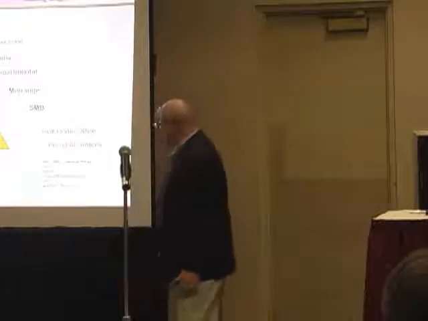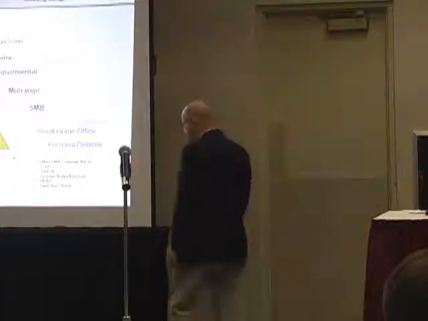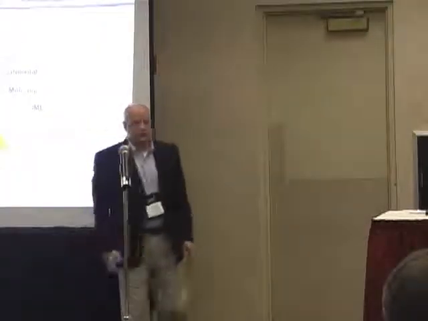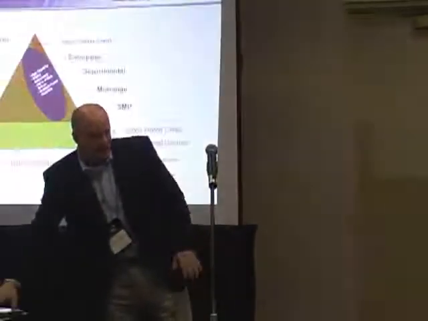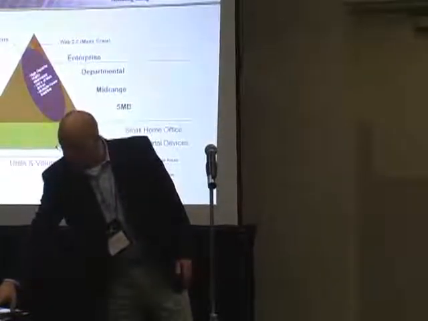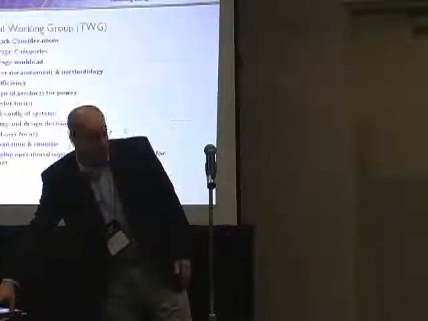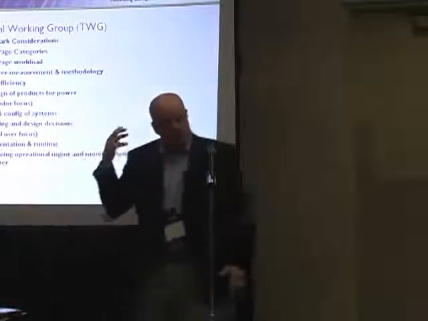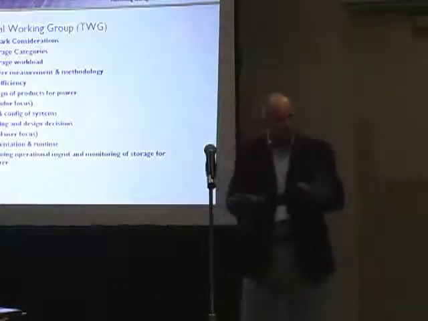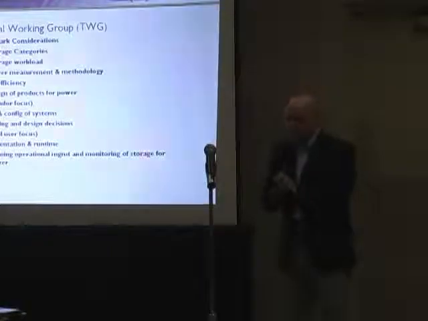So because of that 80% of the market, the area that we're focusing on for our green storage work is where we feel that the industry as a whole can make a great impact quickly on power, cooling, and efficiency work. And I do want to stress that, as we talked about earlier with the EPA folks, this team is working or interested in sustainability as well. For purposes of this discussion, I'll talk about the power, cooling, and efficiency aspect of our work.